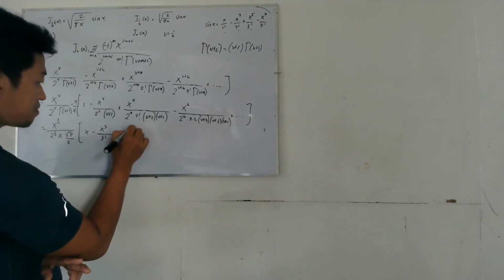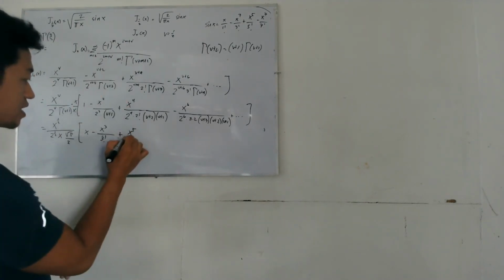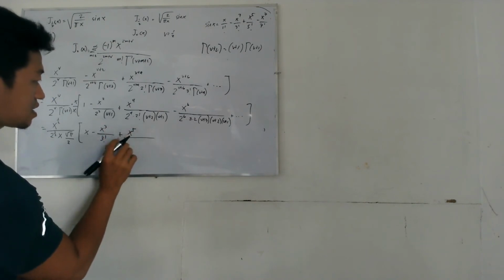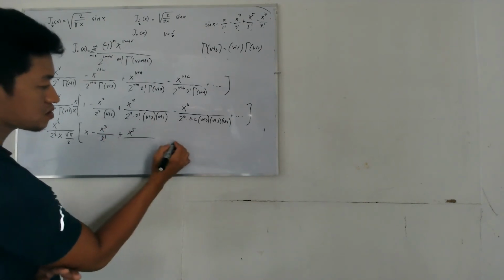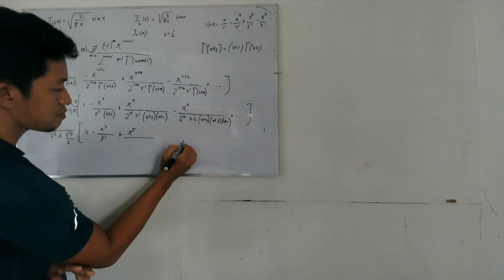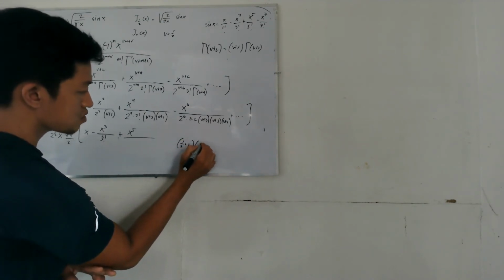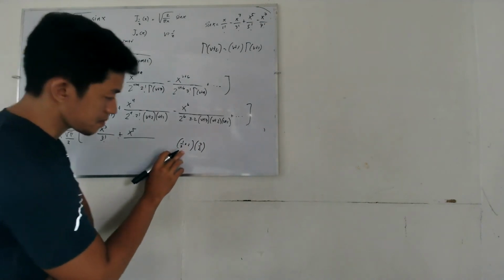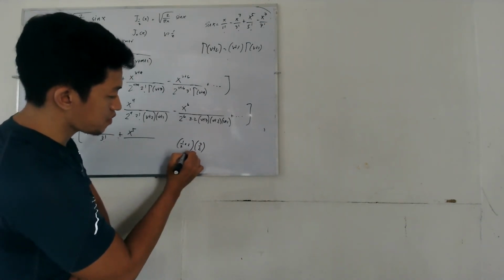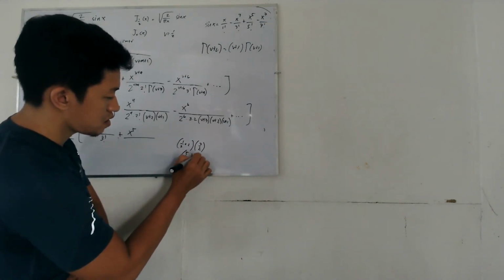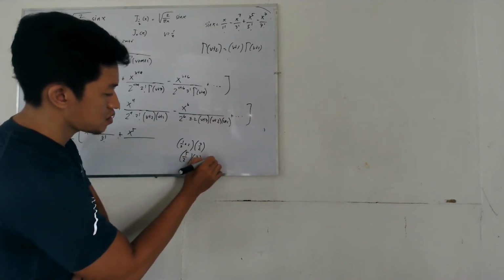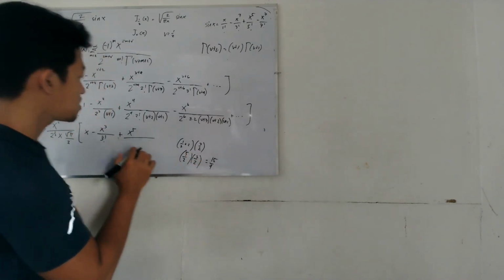x to the 5 kay ato ning diri b plus 2, 1 half plus 2 times 3 over 2, ilan ni? 5 over 2, 5 over 2, 3 over 2, 15 over 4.